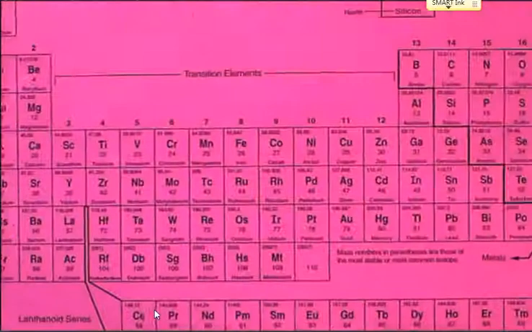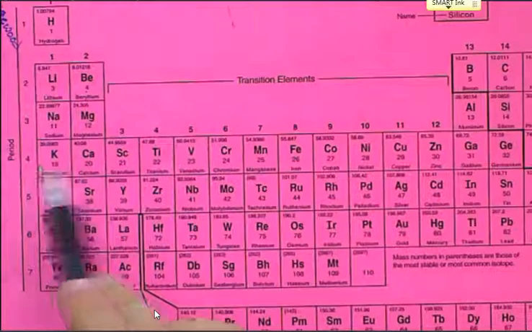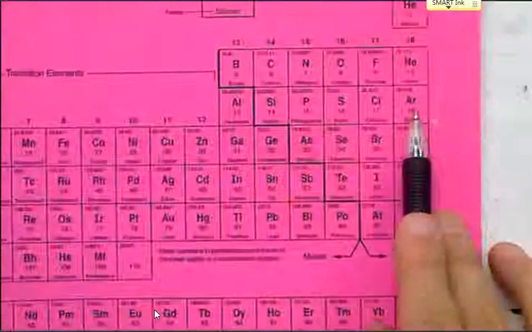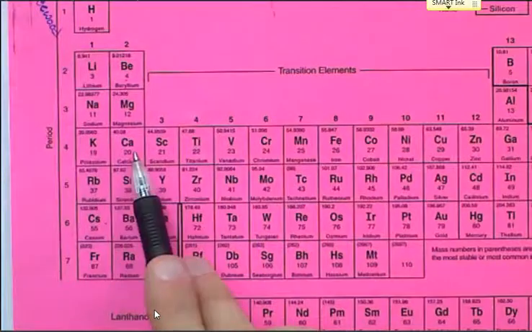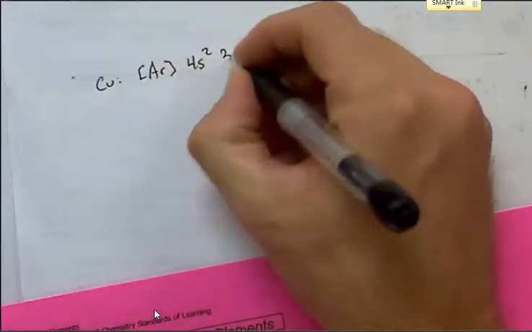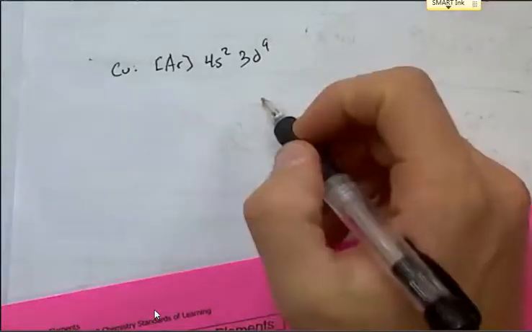Copper, we would predict, where it is on the periodic table, we'd predict it to end in this fashion with argon, number 18, build up 4s2, 3d9. We'd expect it to be argon, 4s2, 3d9.